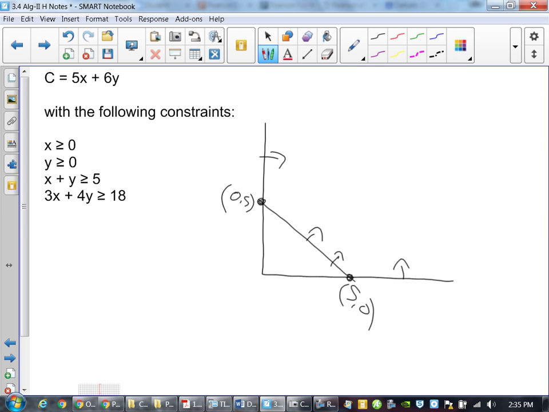The next one has intercepts at 4.5 and 6. 4.5 is a little below it. And I'm going this way. Also false at 0, 0, so it's moving upward.